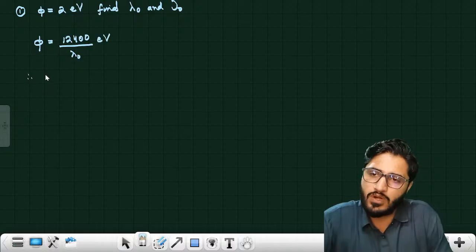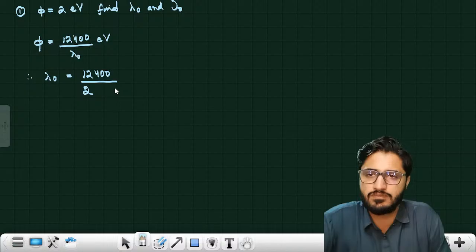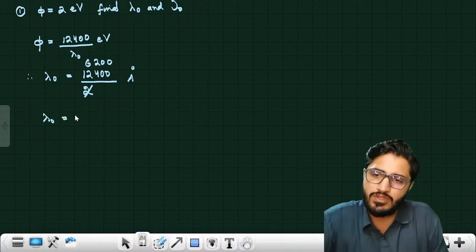So therefore I can write lambda naught is equal to 12400 divided by 2. And it will come in the angstrom part only. 2 ones are 2, 2 sixes are 12, 200, 200. So therefore lambda naught came out to be 6200 angstrom.